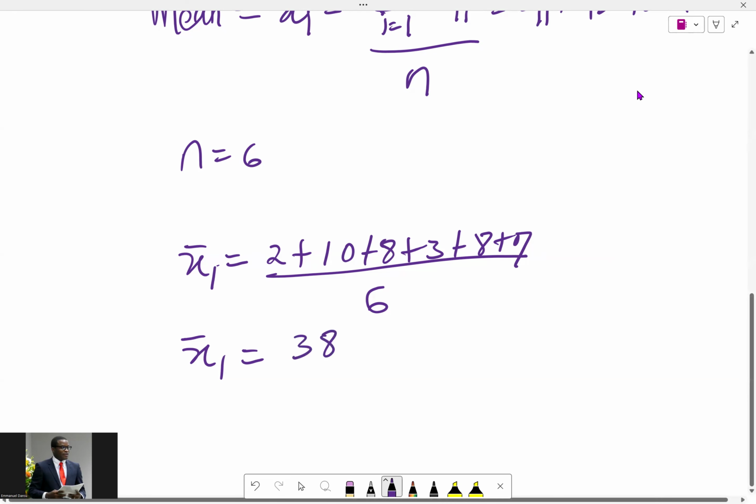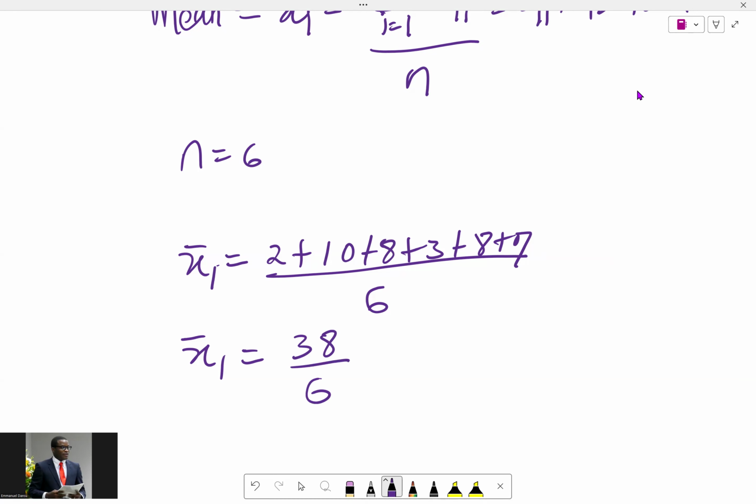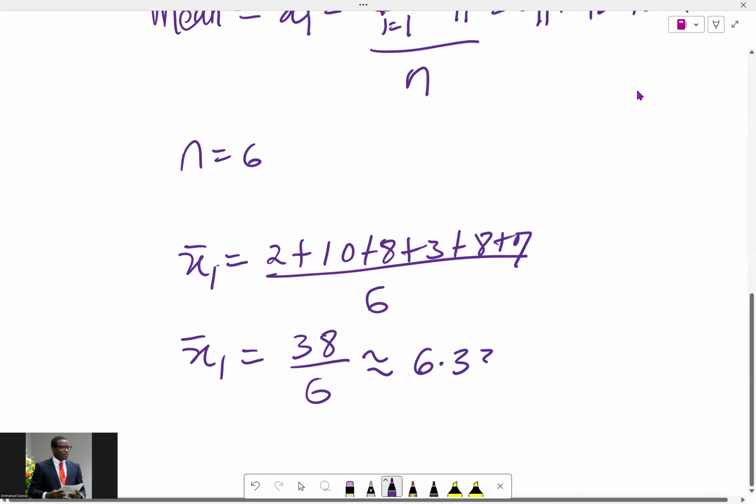So we have 38 divided by 6. Let me get a calculator to make things easy. 38 divided by 6 is approximately 6.33. We may still use it in the fraction form later, that's 19 over 3.